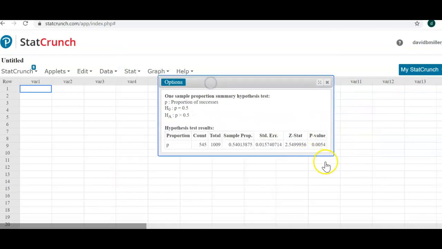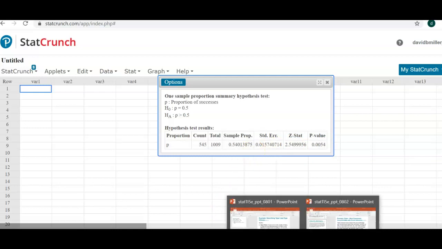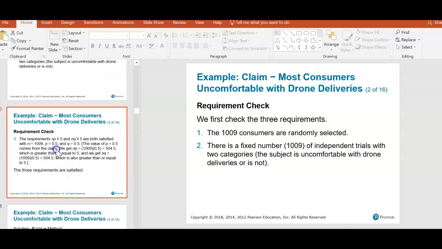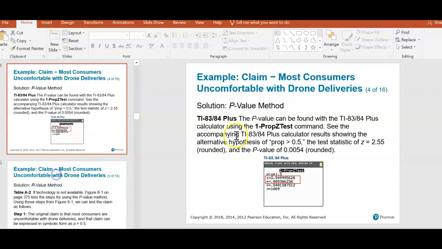So you can see I got a p-value of 0.0054 and a z-stat of 2.55. So let's go back and take a look and compare with what they got. You can see they got those exact same values, 2.5499 and 0.005386.